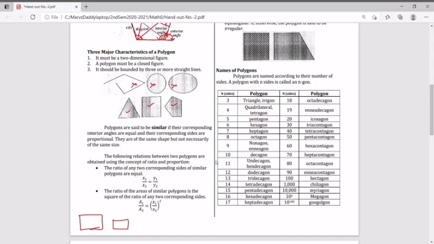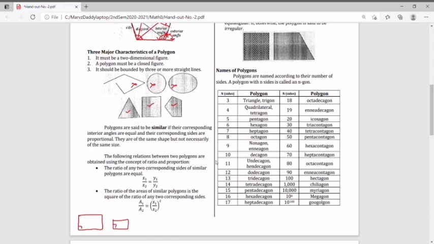And we have here that the corresponding interior angles are equal. So, in this case, since I've drawn a rectangle, you could really say that each angle is 90. So their corresponding angles are equal.